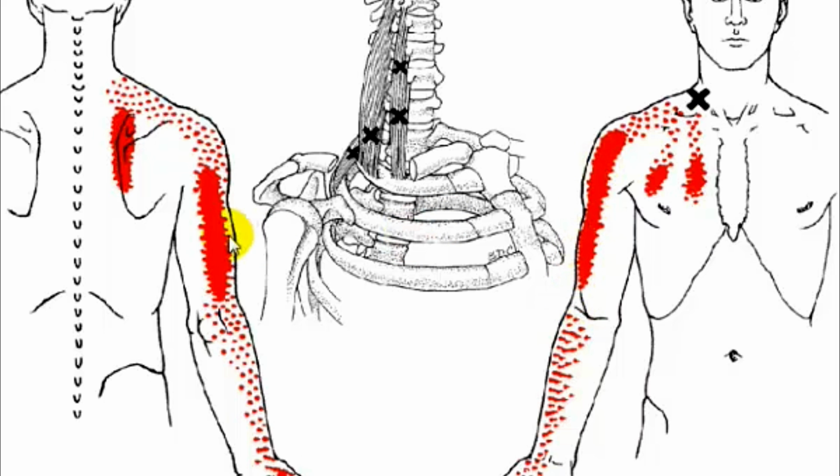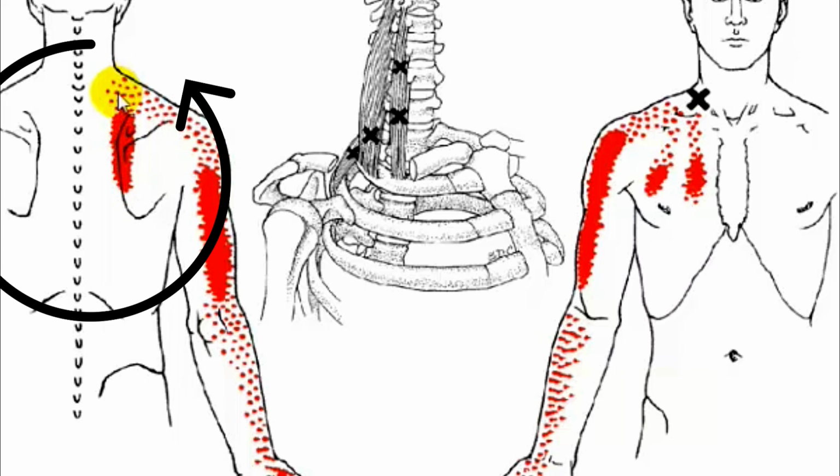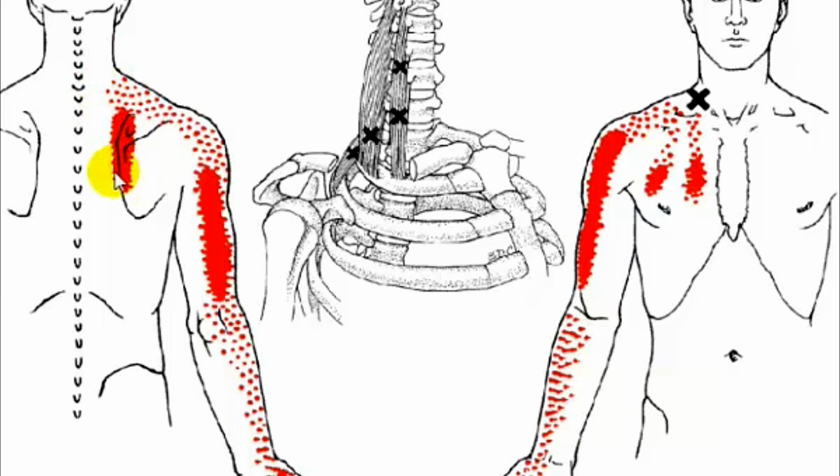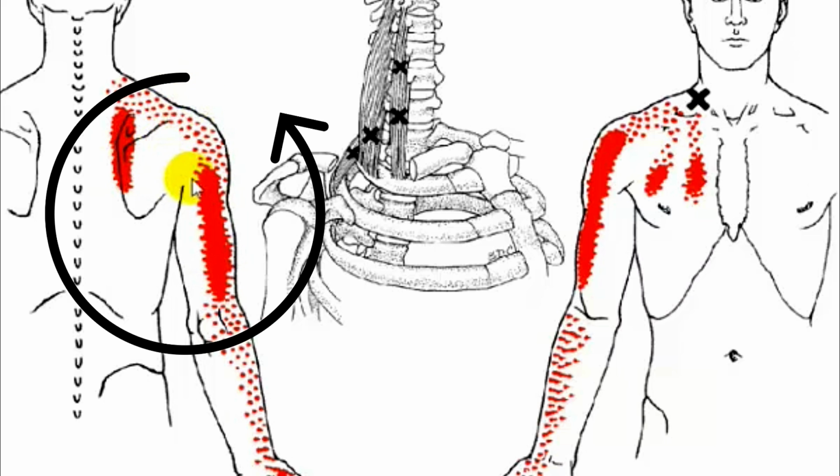In the back, they refer pain down the inside of the scapula, which mimics the iliocostalis muscle, the rhomboid muscle, the levator scapulae muscle, and down the back of the arm, which mimics triceps and infraspinatus, plus shoulder pain if you've got impingement and so on.